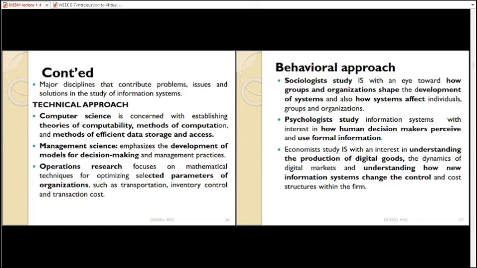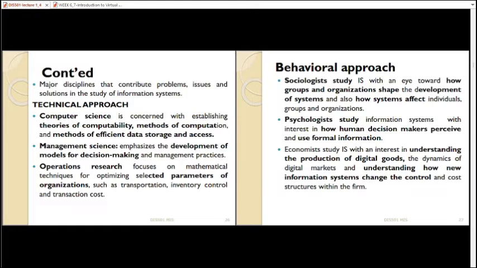We have computer science, which establishes theories and computations, and then we have management science, which develops models for decision making. Then operations research will focus on mathematical techniques for optimizing selected parameters within an organization. And that's why you hear that within a particular organization we have R&D, that is research and development. They would look into all these kinds of things, and ensure that you have the right technology to compete well against your competitors.